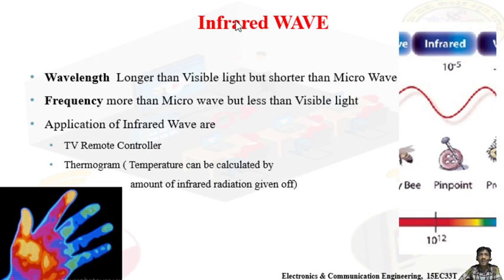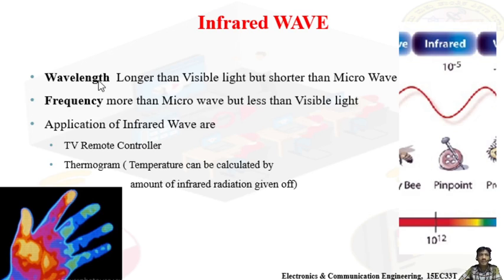The next is infrared wave. The infrared wave is the electromagnetic spectrum having a wavelength longer than visible light but shorter than microwave, and a frequency more than microwave but less than visible light.